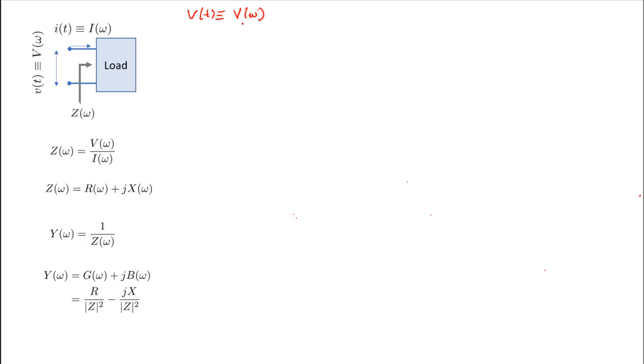By this representation, operators like differentiation and integration, for example dv over dt, become simple algebraic operations on phasors. Similarly, integration from minus infinity to t of v of t dt is equivalent to 1 over j omega times v of omega.